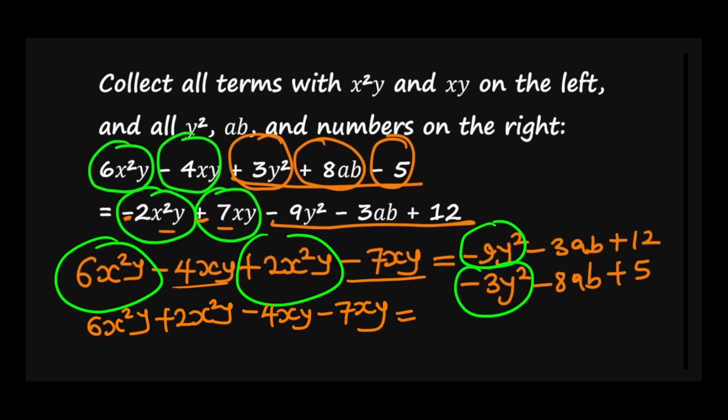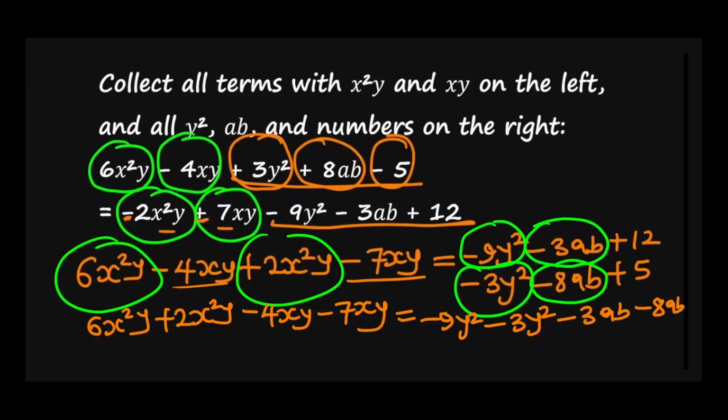Then collect these ones as well, minus 3ab and minus 8ab. Then we put the remaining numbers, plus 12 plus 5.